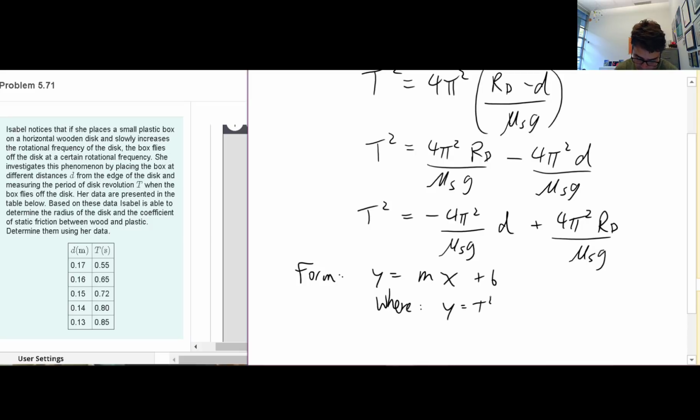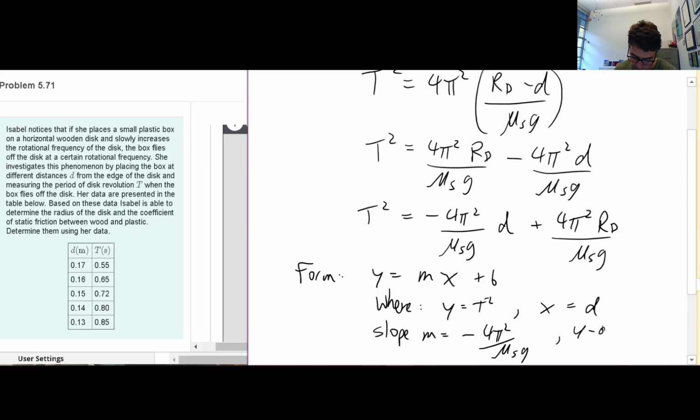So the format here is y equals mx plus b, where y is t squared, x is equal to this distance d, and the slope m is equal to negative 4 pi squared over mu sub s times g. The only thing we don't know in the slope is the coefficient of static friction.